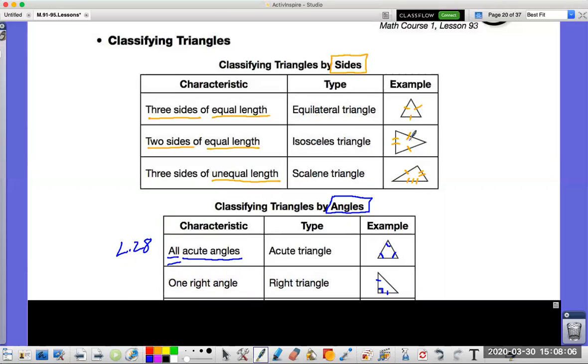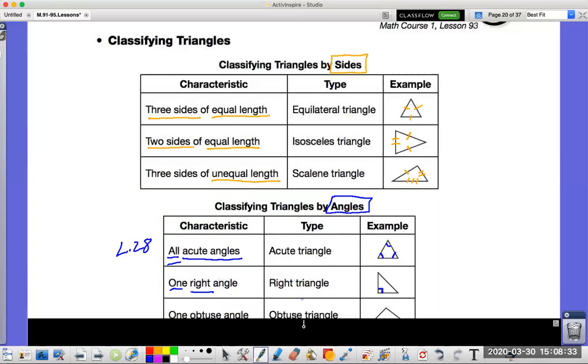So it could be a representative of an isosceles triangle if you wanted to classify it by sides. But down here, we're classifying triangles with angles. So that's what you would need to look at. Just one right angle. That's it. It's a right triangle.